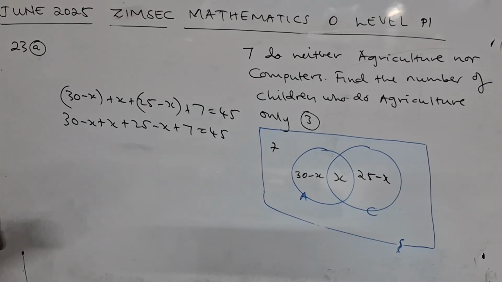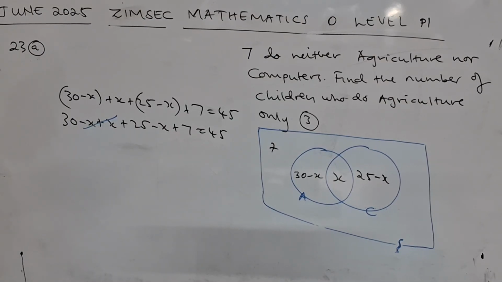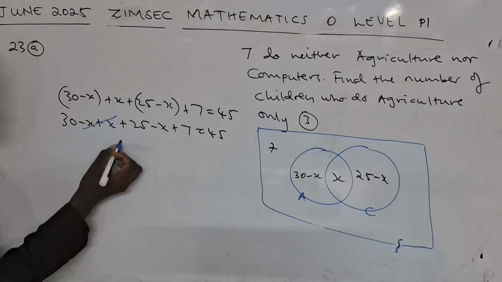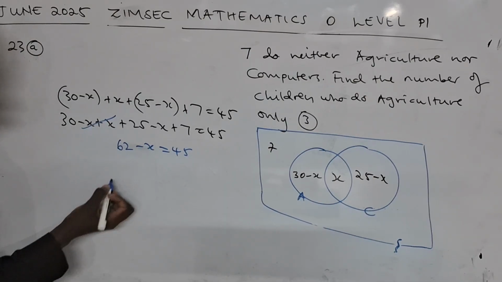Negative X plus negative X, we keep the X terms together. 30 plus 25, what is the answer? 55. 55 plus 7, what is the answer? 62. So now I'm going to have 62 minus 2X is equal to 45.